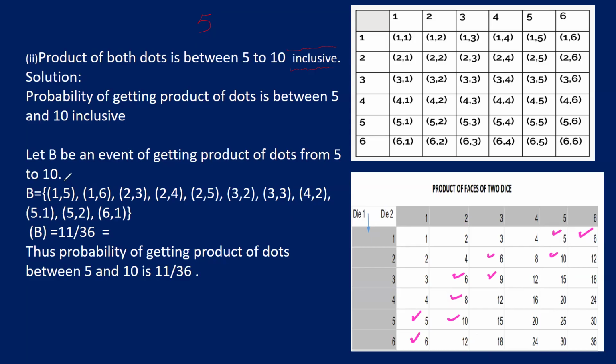So if we start counting from here, this is 1, 2, 3, 4, 5, 6, 7, 8, 9, 10, and 11. So 11 such numbers are there which make a product from 5 to 10. So there are 11 outcomes I have mentioned right here. So 11 over 36 is basically the probability of finding this.